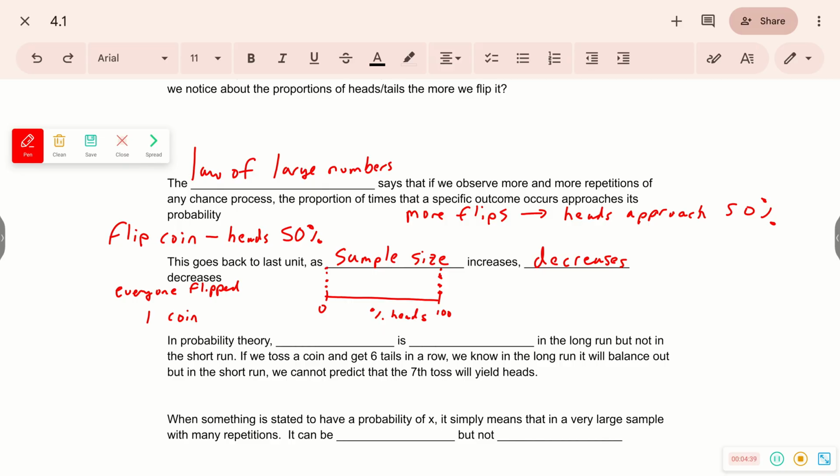So we would have either all heads or no heads, 0 to 100, which is a lot of variability. But if everybody flipped 2 coins, 3 coins, 4 coins, 5 coins, the more coins we flip, the less our data would vary. With more flips, the data would be more centered at 50%, and less would be at the 0 to 100%.